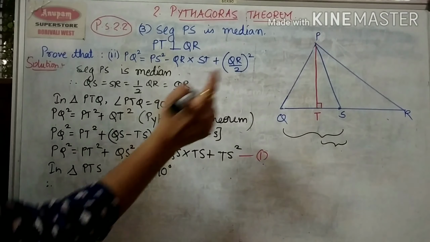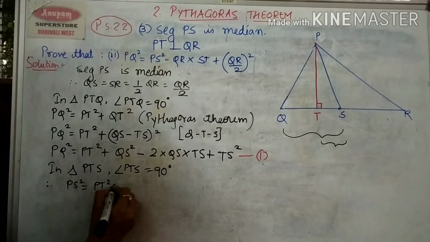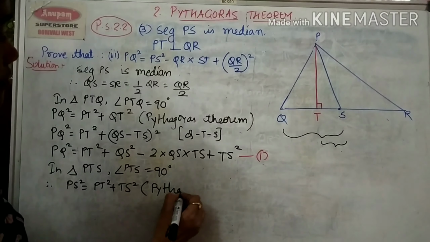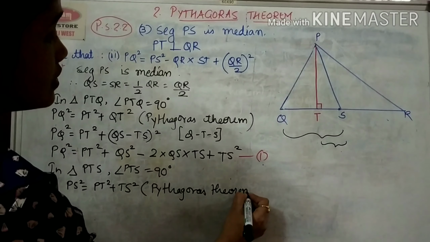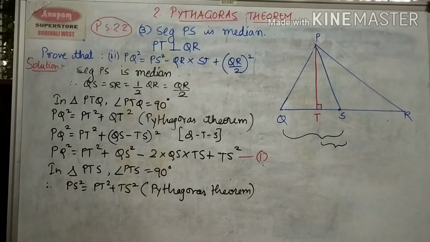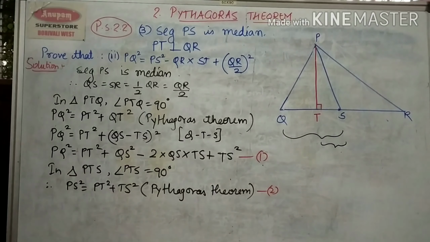Therefore PS square is equal to PT square plus TS square, by Pythagoras theorem. You cannot do anything to this, so you can just number this as 2. Now just see what you can do here.